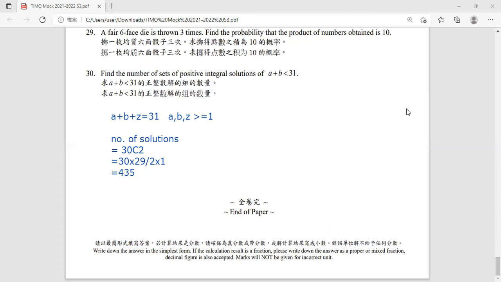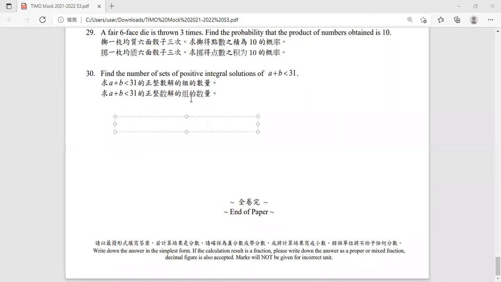For stars and bars, how do we know when to use it? Okay, this is a good question. You can think of it as turning all the questions into the basic one.